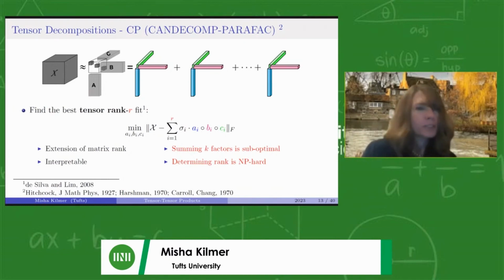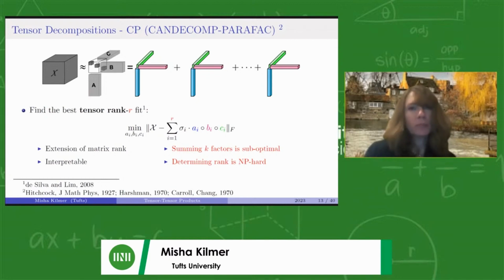But a lot of strange things actually happen when you try to use this type of approximation. For example, unlike the matrix case, if I wanted to replace this approximately equals sign with an exact equal, if I wanted to find the smallest value of R for which that tensor X can be expressed as a sum of rank 1 outer products, that's actually an NP hard problem.